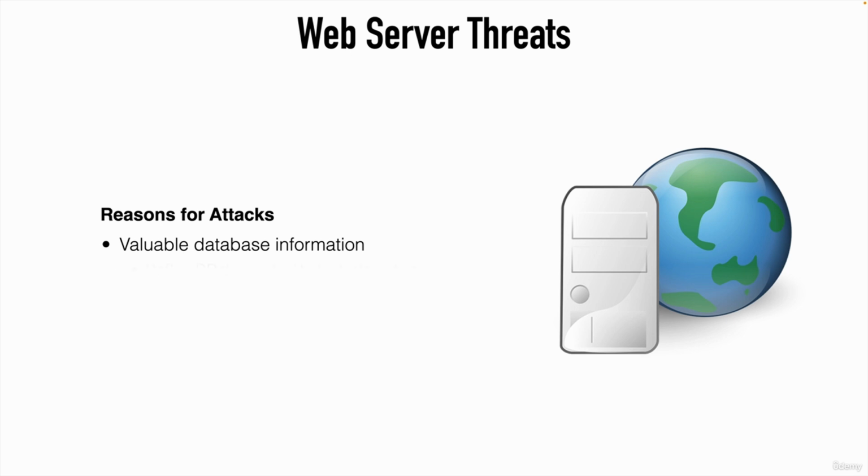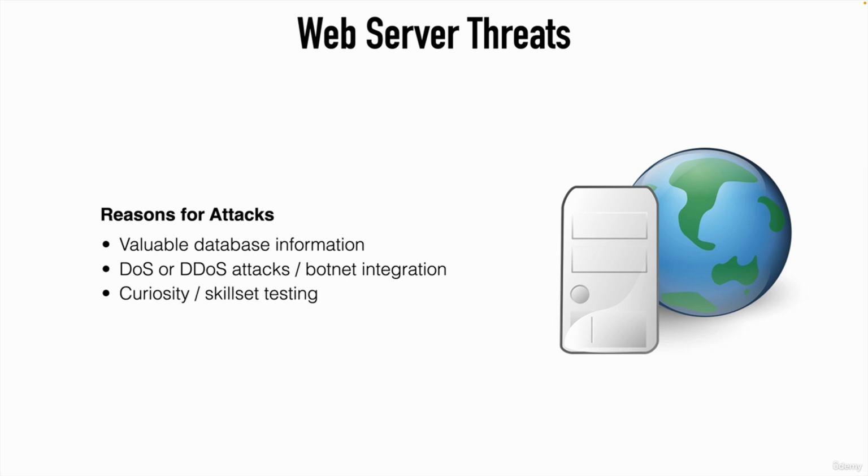It's also possible that the attacker simply wants to wreak havoc with a denial of service attack, or maybe they're trying to integrate the system into a botnet for a larger distributed denial of service attack against a completely different target. And you also can't discount the fact that this sometimes happens just out of sheer curiosity, where an attacker is simply trying to check their skill set to see if they're able to compromise a target.